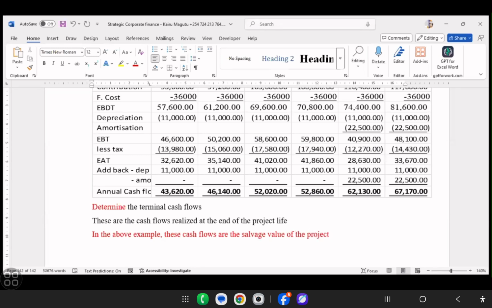So we say that terminal cash flow is equal to, at the end of the project life, we are told that 1 million is realized. That's how to get the annual cash flows with the kind of information that we have.